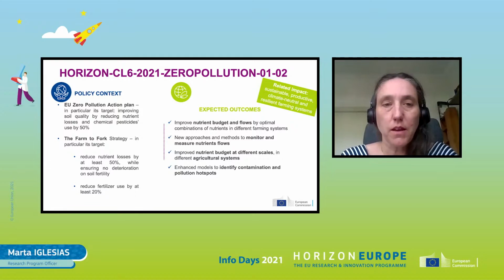In particular, project results are expected to contribute to improved nutrient budgets and flows by the identification of the optimal combination of nutrients in the farming systems. They will provide new approaches and methods to monitor and measure nutrient flows and practices, including the quantification of potential savings, particularly in nitrogen and phosphorus emissions, from the implementation of relevant agricultural practices that enhance soil health and combat eutrophication and water pollution.